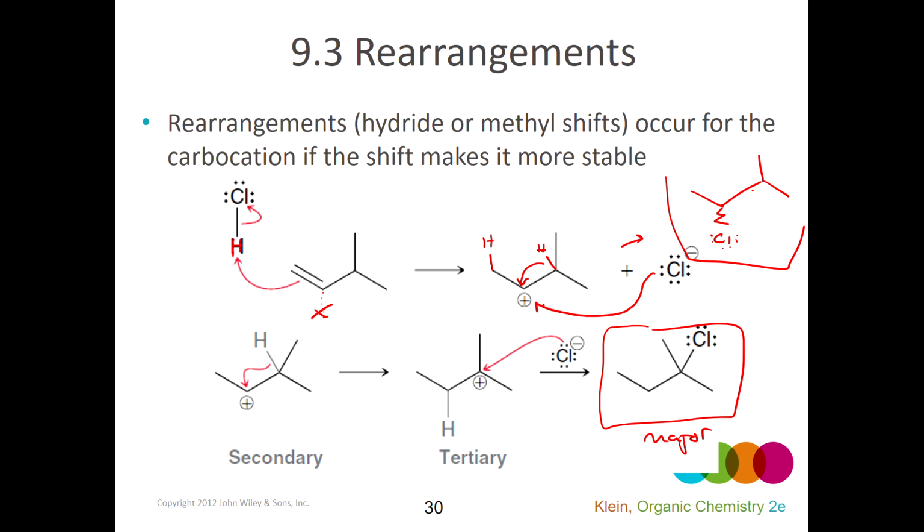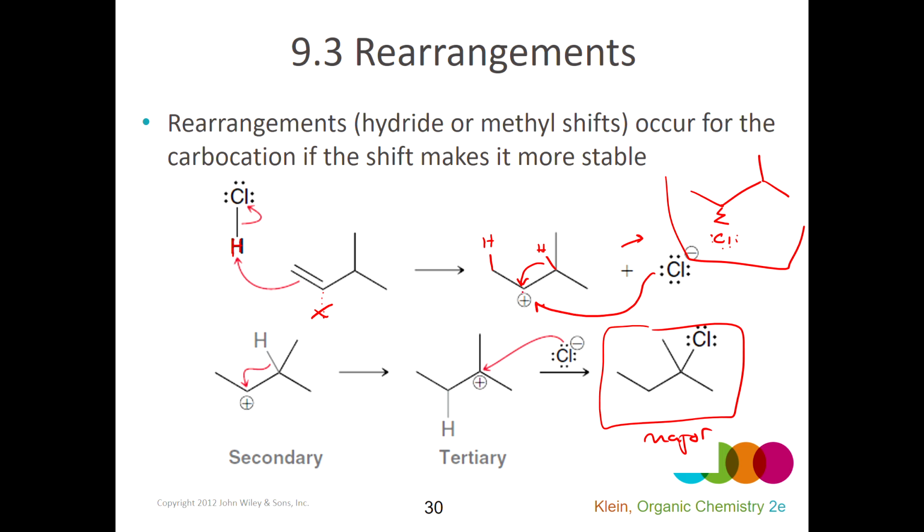But notice what's happening here. The chloride is connected to the hydrogen to begin with. So what that means is, as these pi electrons come out here and start to form a bond to the hydrogen, the chloride is right in the vicinity. I don't have to wait for some other chloride to come in here and collide. It's already right there.